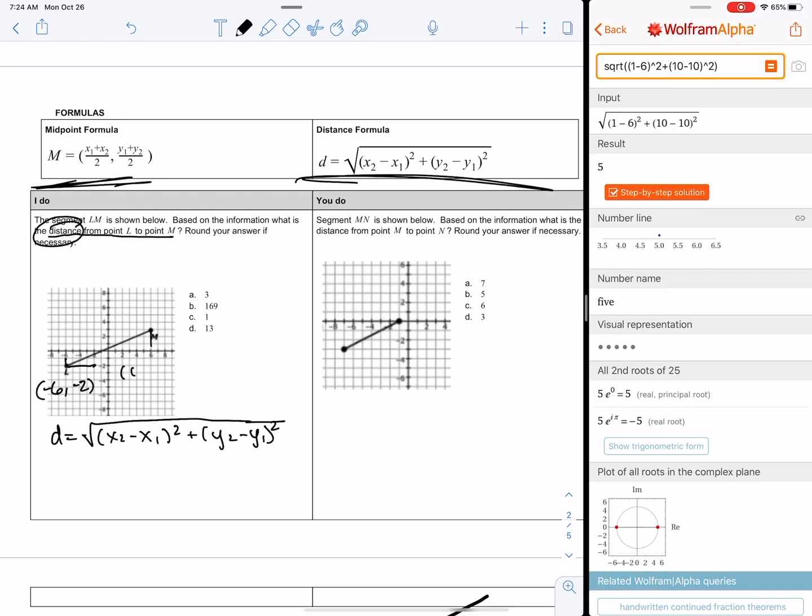Then we have 6, 3. x1, y1, x2, y2. So you have 6 minus -6 squared plus 3 minus -2 squared. So we're going to plug that all into Wolfram Alpha.